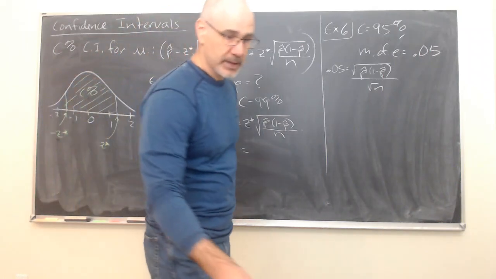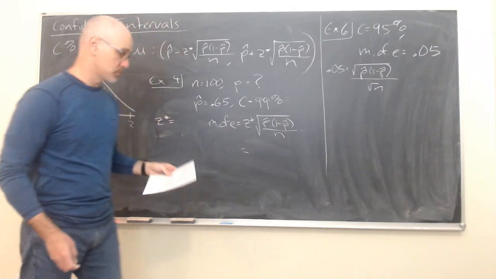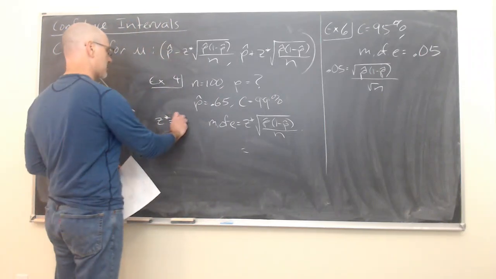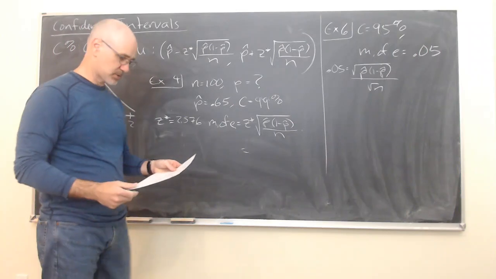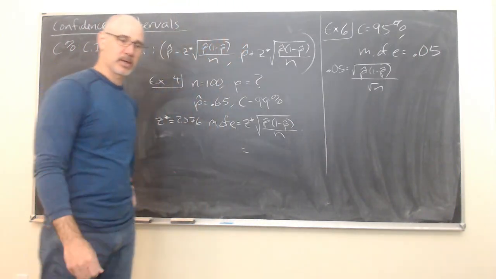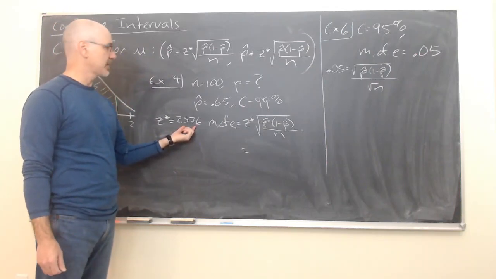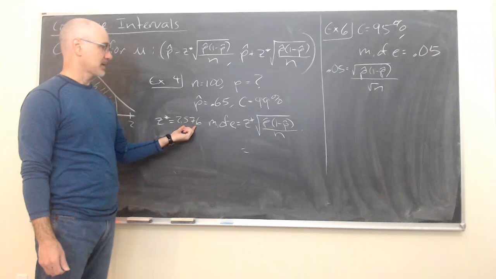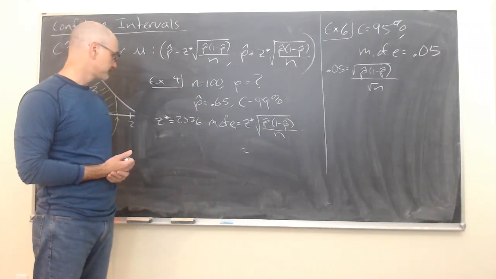Now, 99% is not one of the cutoffs that the empirical rule gives us, so this comes from StatCrunch. We get not quite 3, because it's not quite 99.7%. So the z star here is 2.576 to capture the middle 99% of the area under the standard normal.